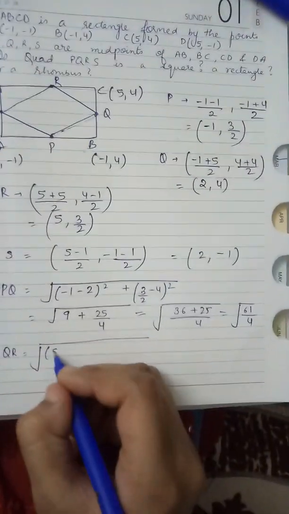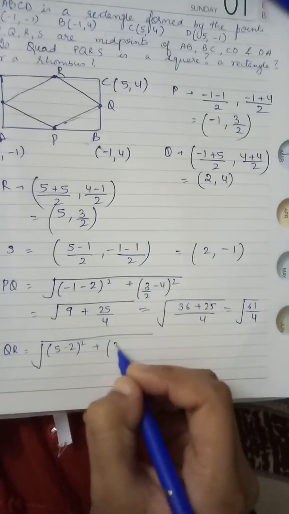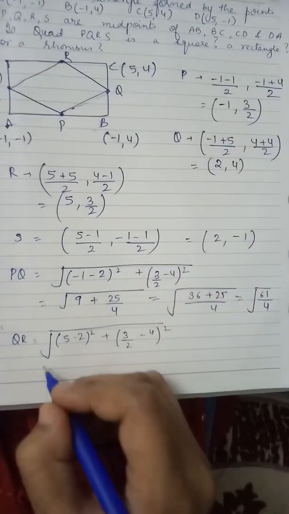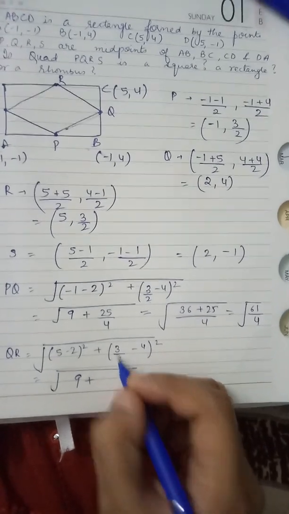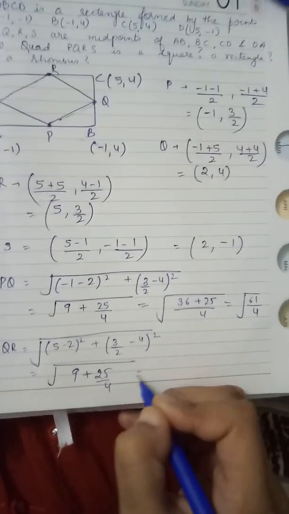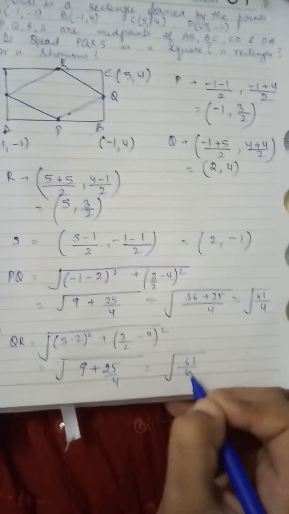QR will be the square root of ((5 minus 2) whole square plus (3/2 minus 4) whole square), which is 3 square is 9 plus 25/4, which equals root 61/4.